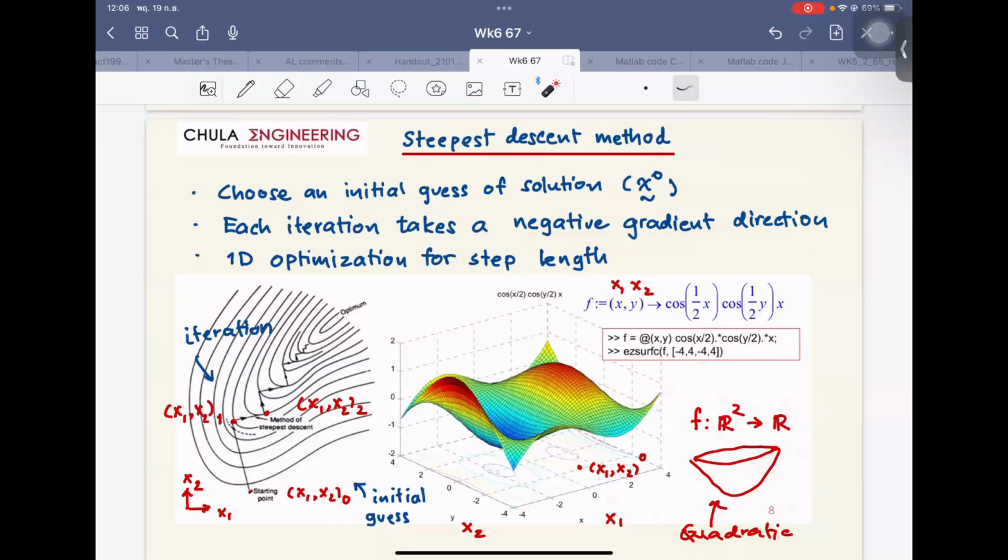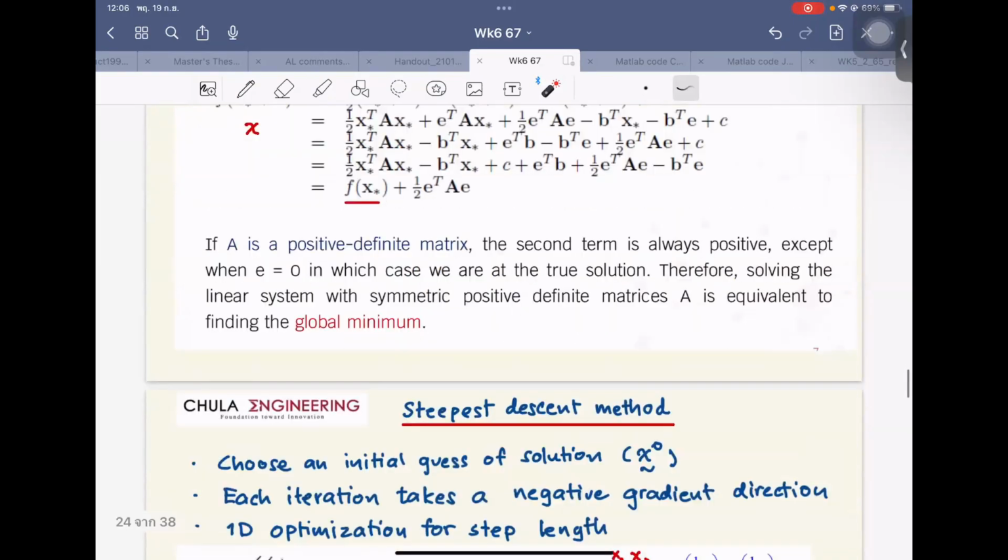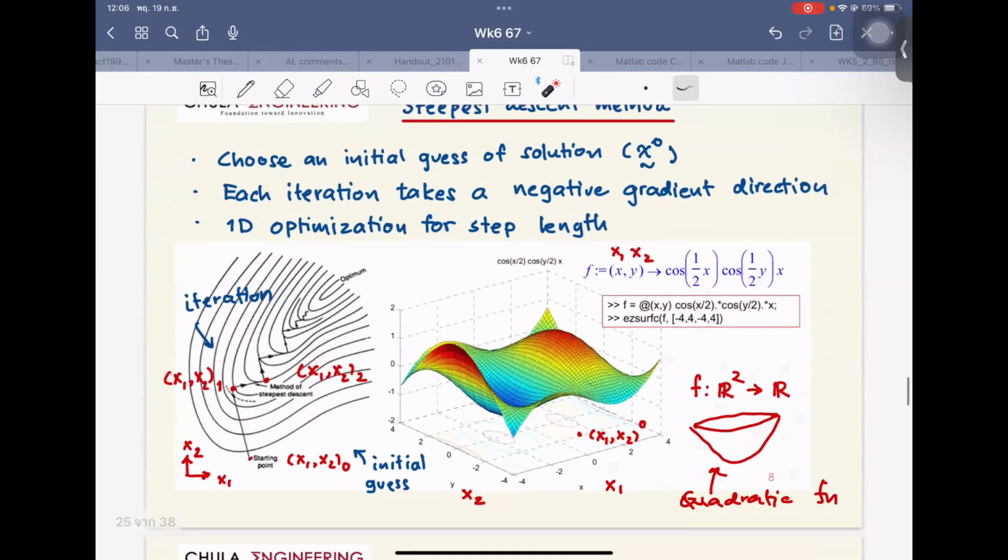The direction of the residual vector, right? In our quadratic function. But for a general function, you can determine the gradient by taking partial derivatives, calculate the gradient, and go in the opposite direction, the negative gradient.